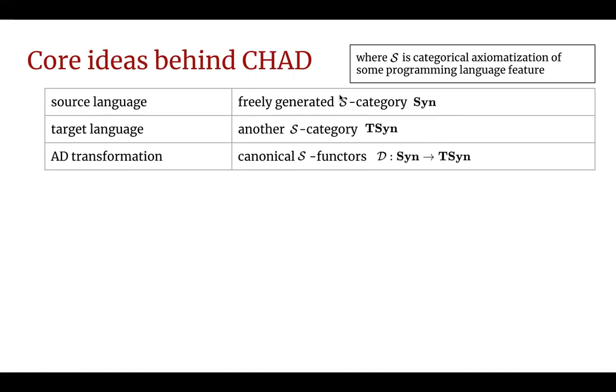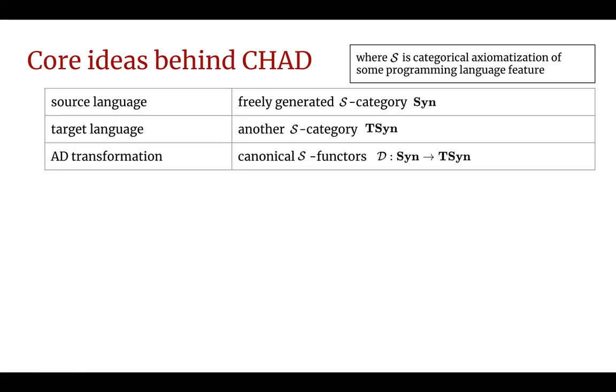Then we choose a target language for automatic differentiation, which may not be the same as the source language. In some cases it is, in other cases it's not. Typically it's going to have some notion of linear types. And we see that we can build another S category out of this target language. So this is going to be the language that the programs that automatic differentiation produces land in.